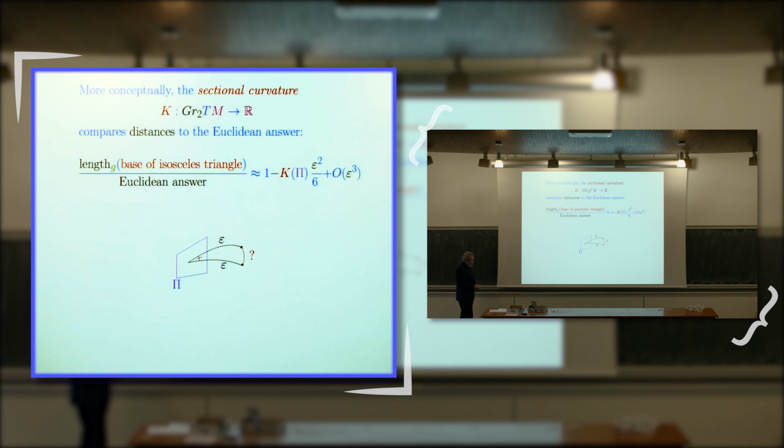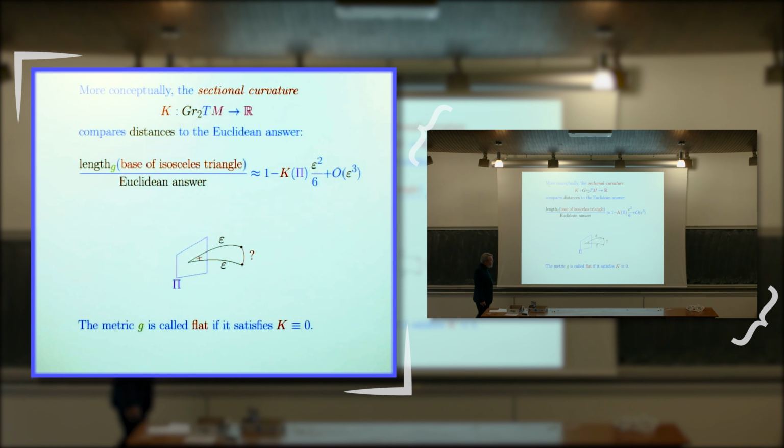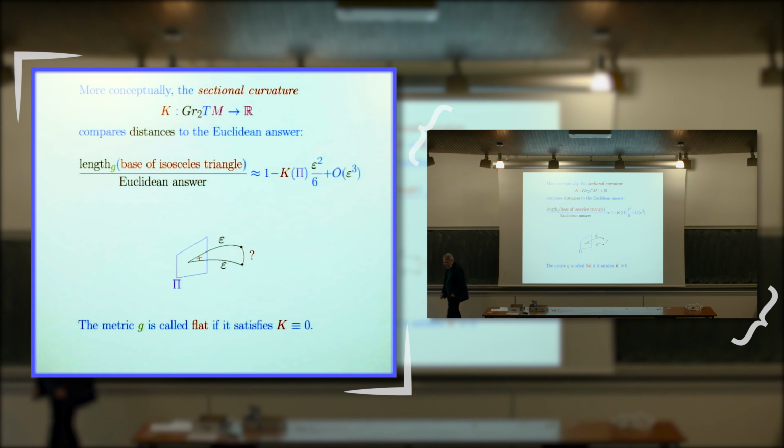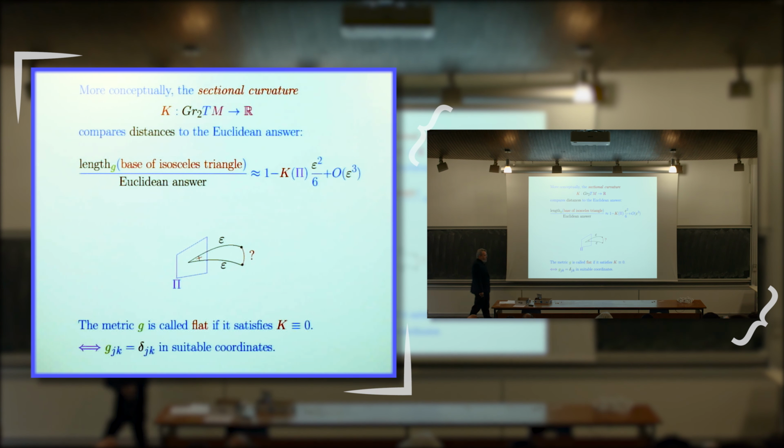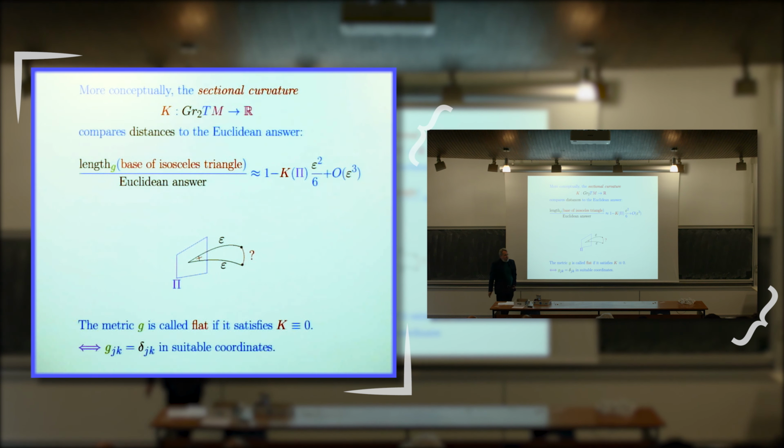If k is negative, it would be greater. Okay? So a metric is said to be flat if it satisfies the condition that its sectional curvature is exactly 0. That's the same as saying its Riemann curvature tensor is 0. And that's equivalent to saying that there are local coordinates near any point in which the metric exactly becomes Euclidean.